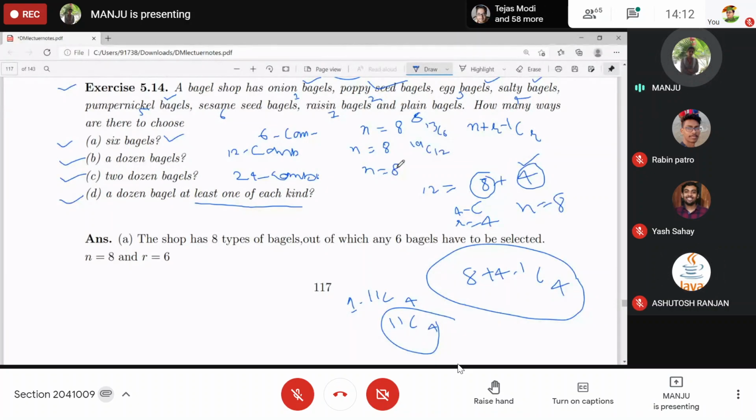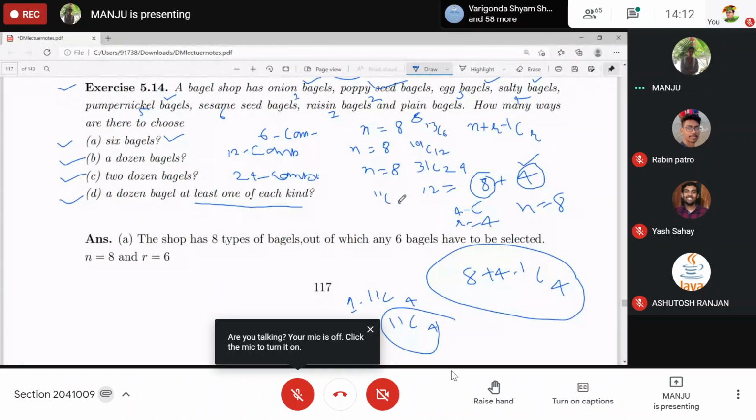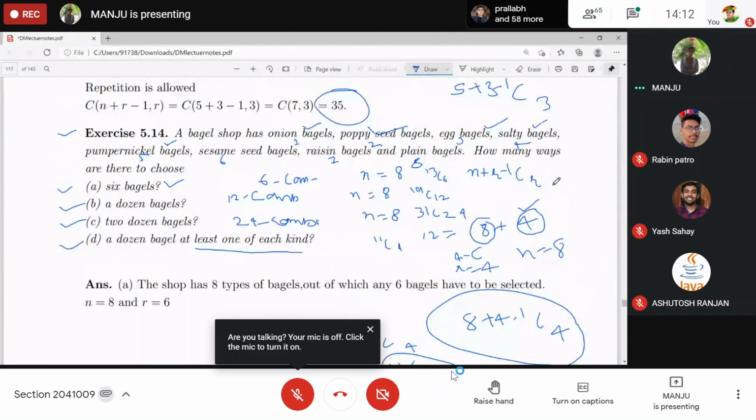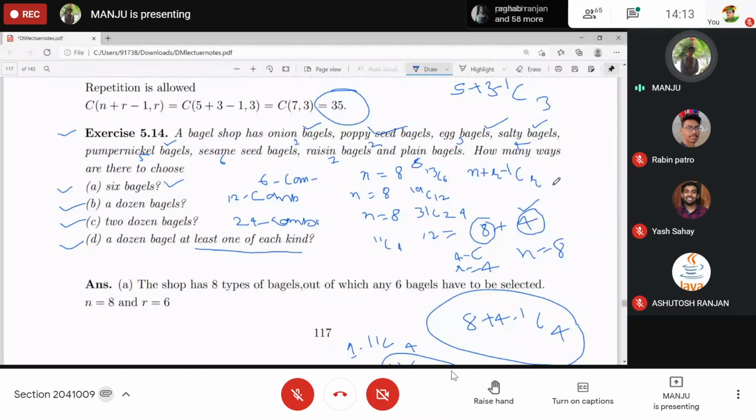And here you have 8 plus 24 minus 1, 31, right? 31C24. And finally you got 11C4. Okay? Any doubt? Anyone having any doubt in chapter 5?